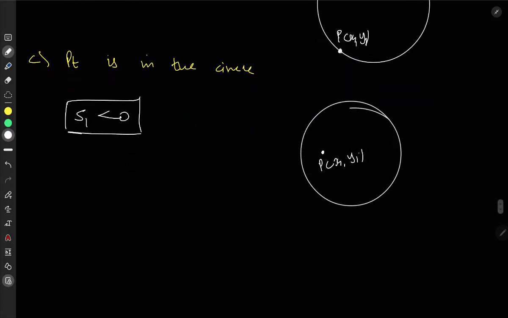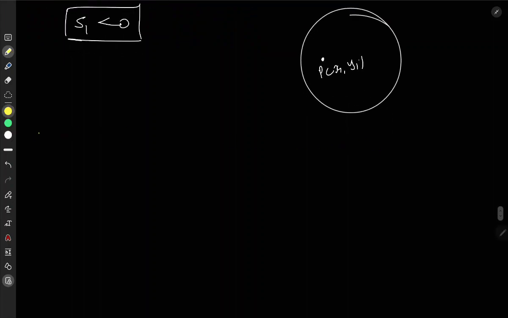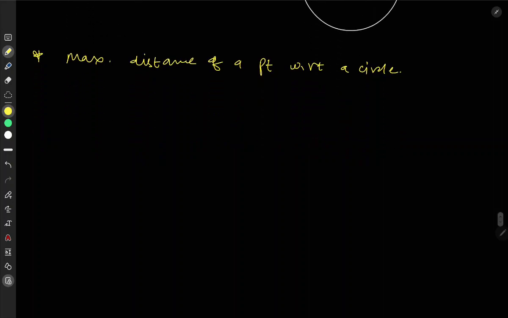So now that we have sorted this theory out, let us now understand maximum distance of a point with respect to a circle. So now there are no cases over here.